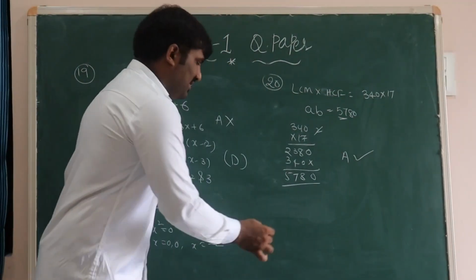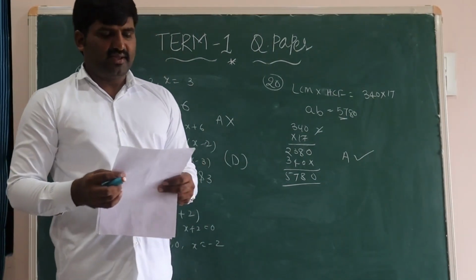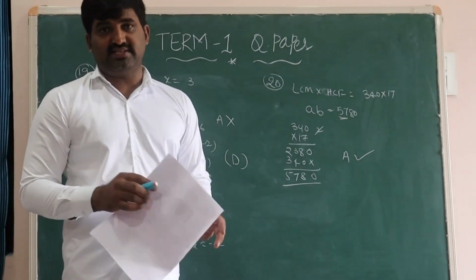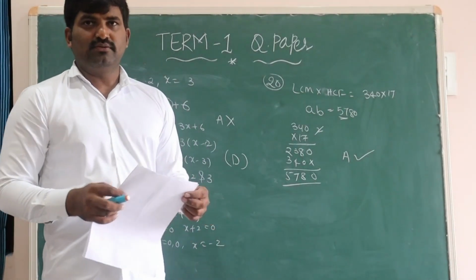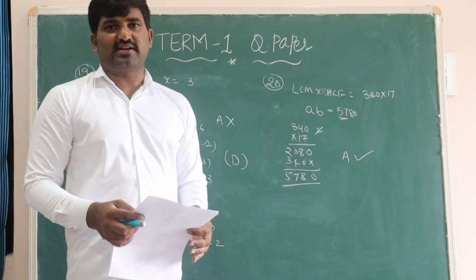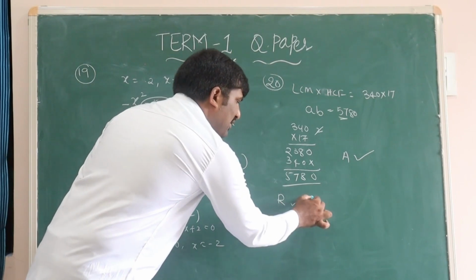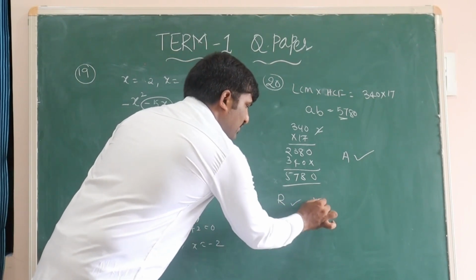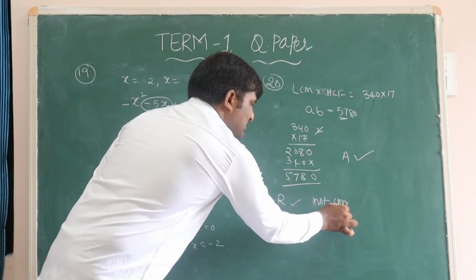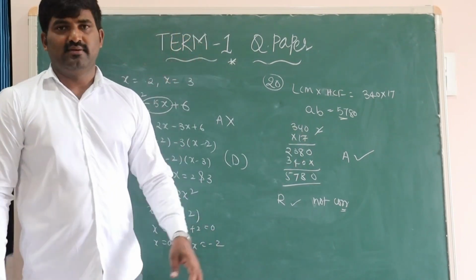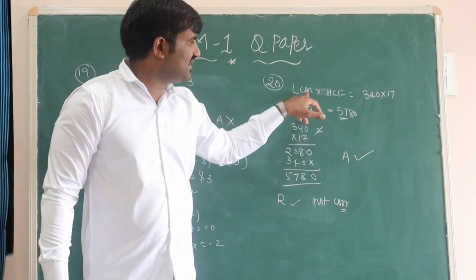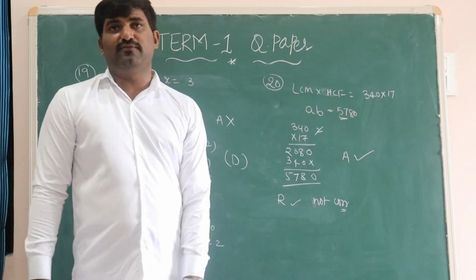Now come to the reason. What is the reason? HCF is always a factor of LCM. So HCF is always a factor of LCM, but actually the reason is correct only, but not the correct explanation. Why? What is the correct explanation of the assertion? Reason should be this: LCM into HCF is equal to product of numbers.